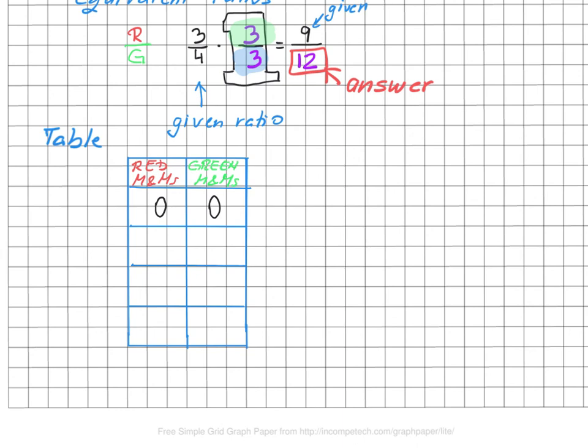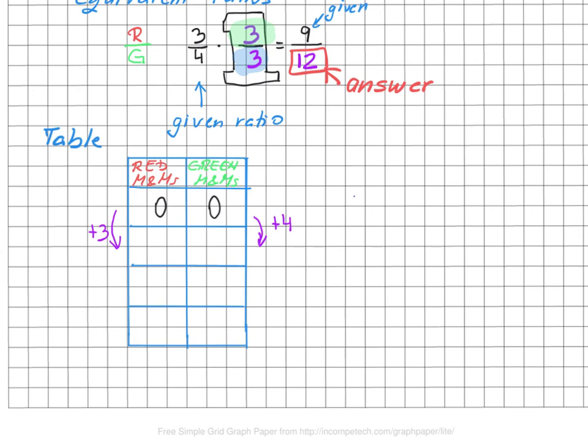And if I follow my given ratio of 3 to 4, red to green, I'm going to add 3 red M&Ms in the bag. And at the same time, I'm going to add 4 green M&Ms in the bag.